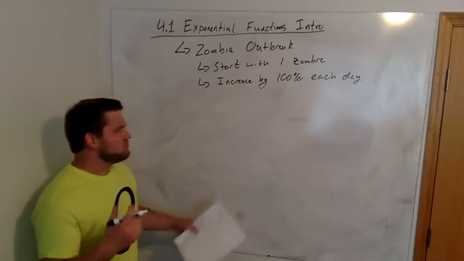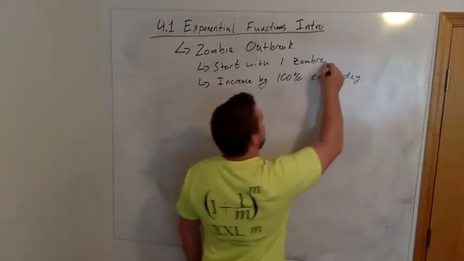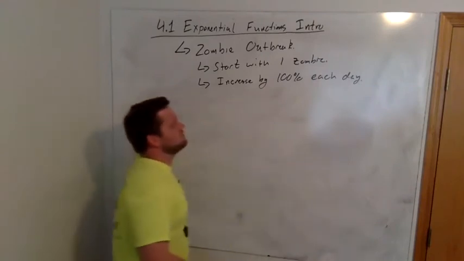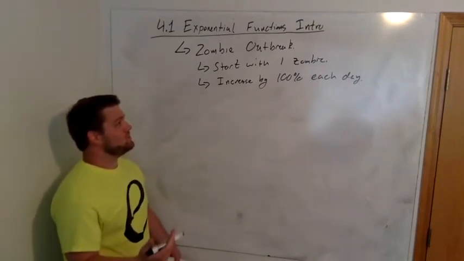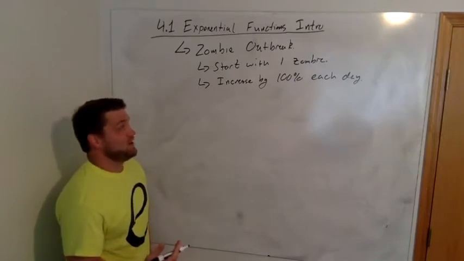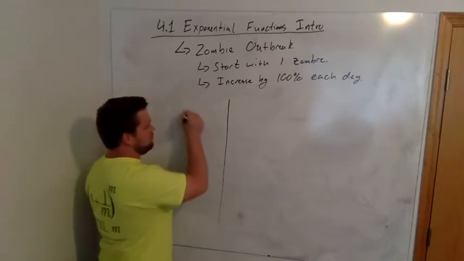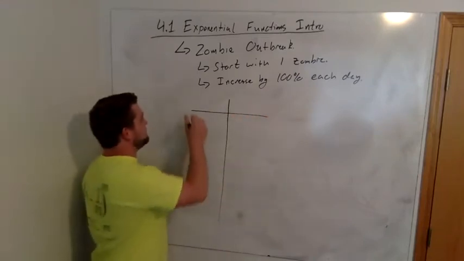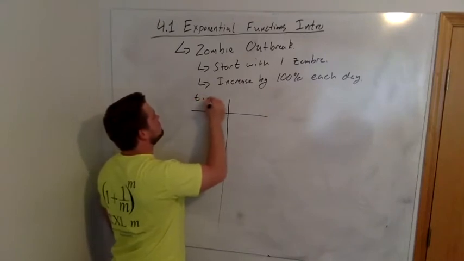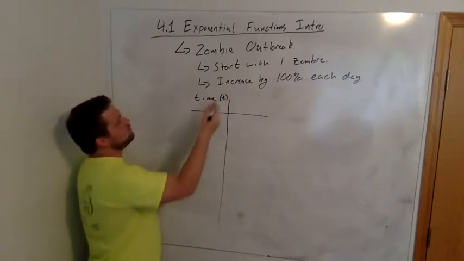Okay, so let's go ahead and try to build a model for the zombie outbreak. We're worried, zombies are everywhere, we want to know how long do we have to live. So us as scientists, we want to figure out, is there a nice model where we can predict how long we have to survive. So let's make a table of what's going to happen. Here we have time. We'll use the letter T for time, and in this case, time will be in days.